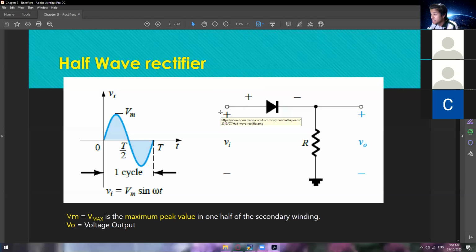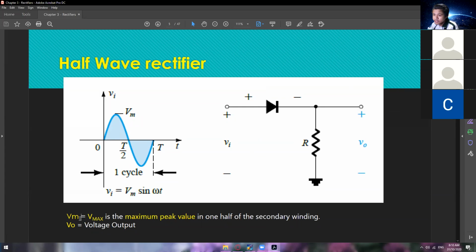Because if this one is negative and this one is positive, then it becomes reverse bias. This has to be forward bias for us to see that it will conduct current. So from here, positive to positive, negative to negative. If that is the case, then it will only allow the positive half cycle.